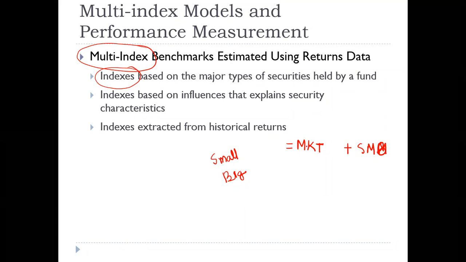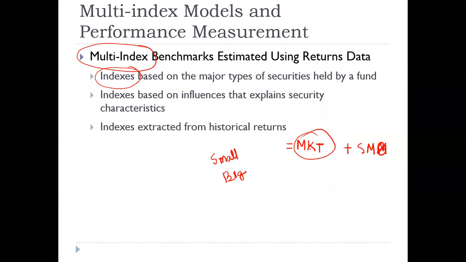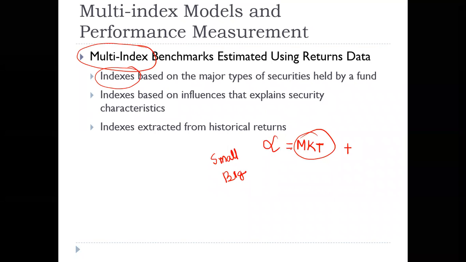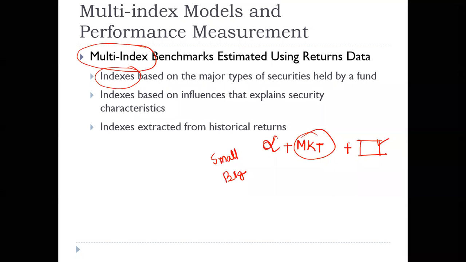What do you think? If we include only the market index and ignore SMB, will we get a significant or insignificant alpha? We expect a very significant alpha because we are missing a factor which would explain the return difference between small and big stocks.